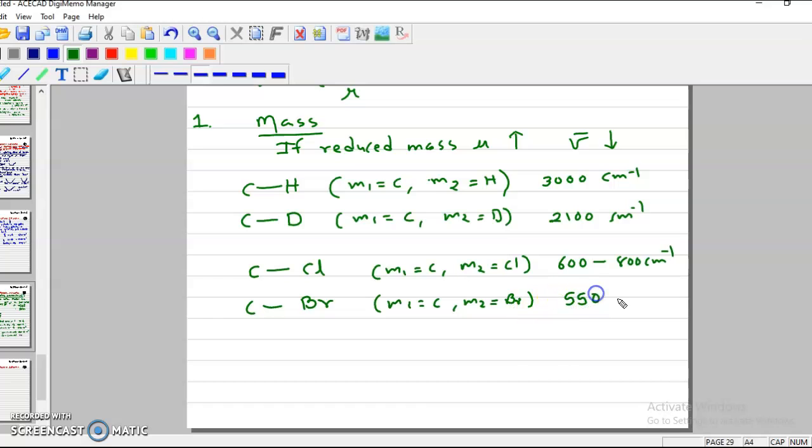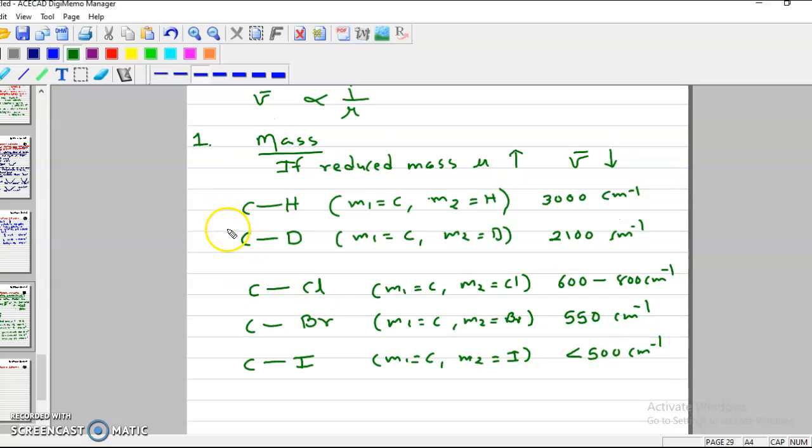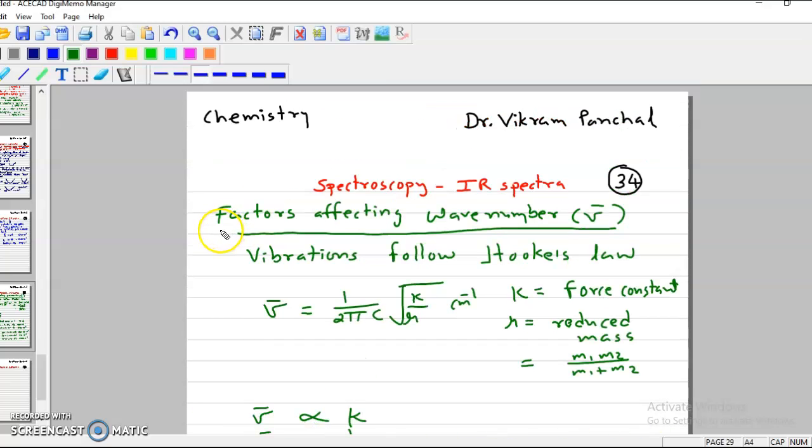So here you will see that band will be at about 550. And if there is a bond between carbon and iodine, m1 is carbon, m2 is iodine, here again reduced mass increase and the band will be below 500 centimeter inverse. So this is the influence of mass. You can see this. Okay.